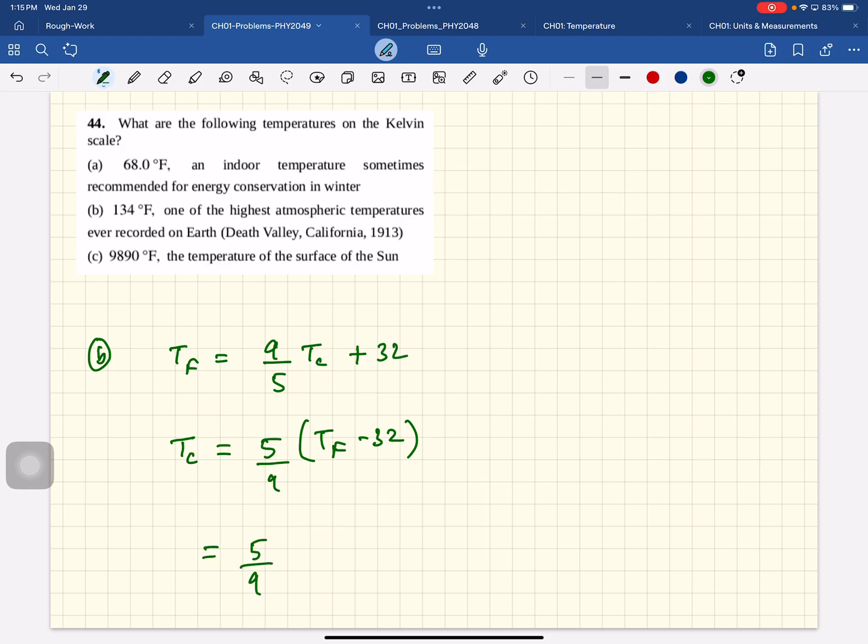So 5/9, 134 minus 32. And so the temperature on the Kelvin scale is plus 273.